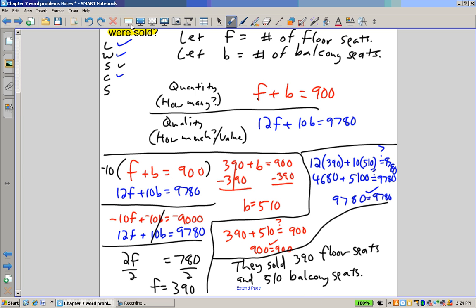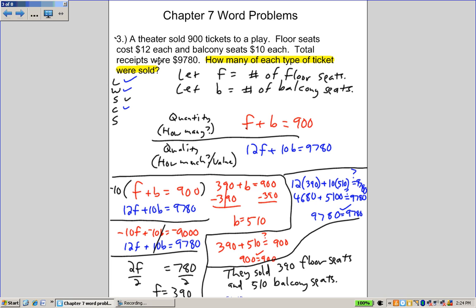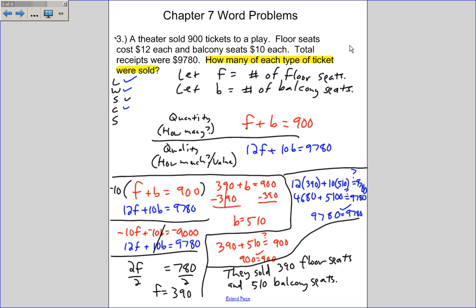And that should do it. Again, this is the type of problem where we're looking for the quantity, how many there are, and then the quality, the value of each one.